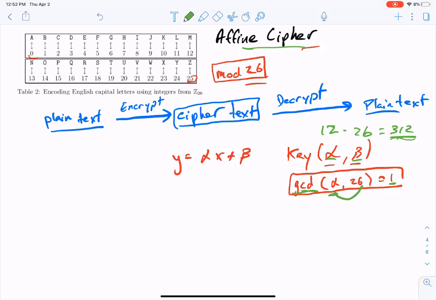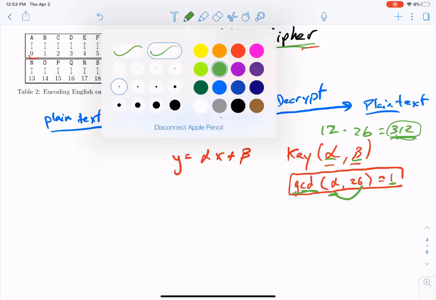This was useful before computers, because testing all 312 keys was impractical, and nobody could break the message very easily. It's possible, but very tedious. With computers it can be done very fast. So Affine ciphers are not typically practical anymore, but once upon a time they had a use.